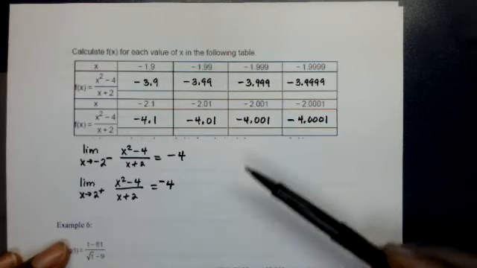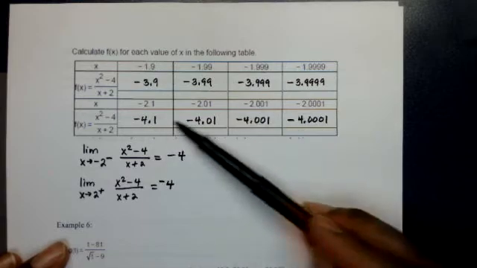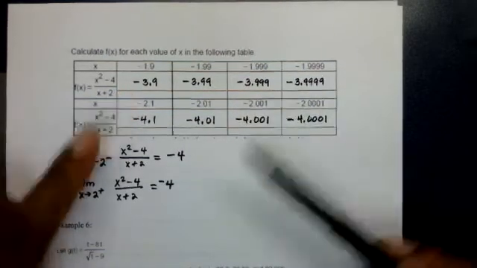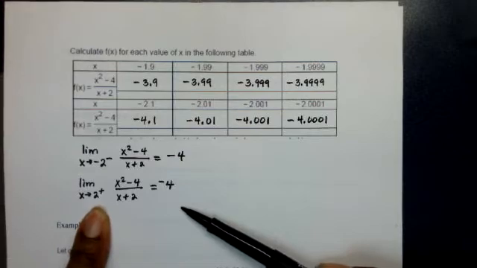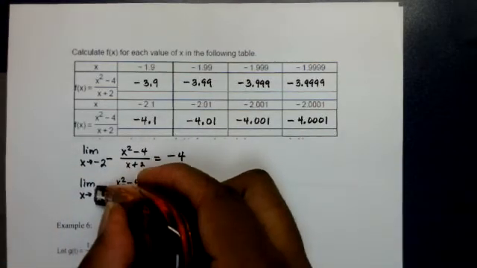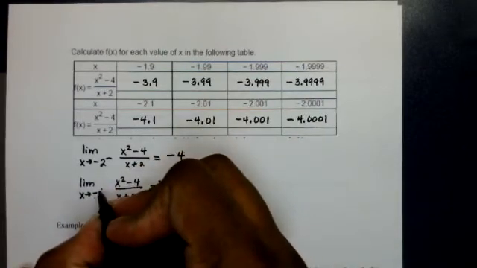Okay. Because our negative 2.1, negative 2.01, those are to the left of negative 2. And this one is to the right of negative 2. And that's going to give us, in both directions, negative 4.